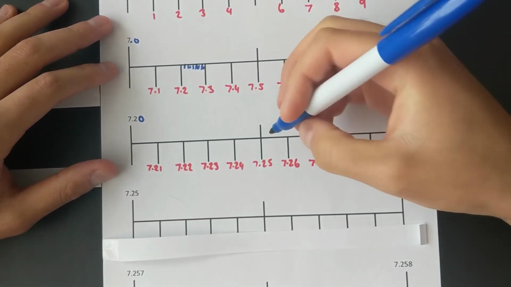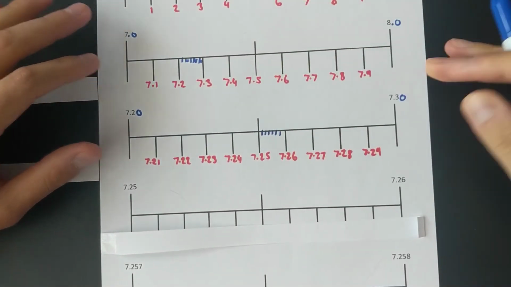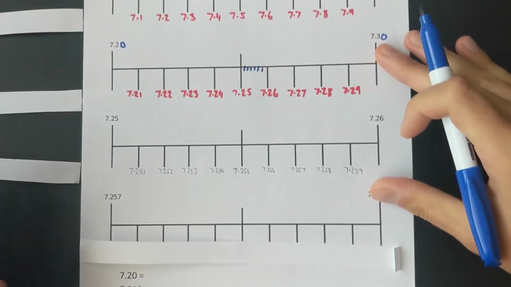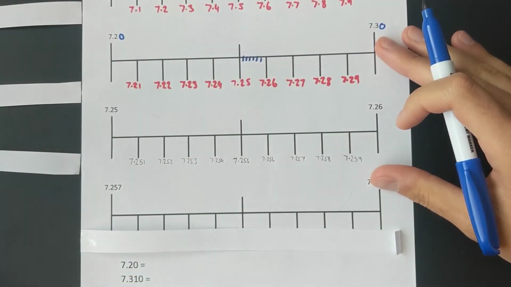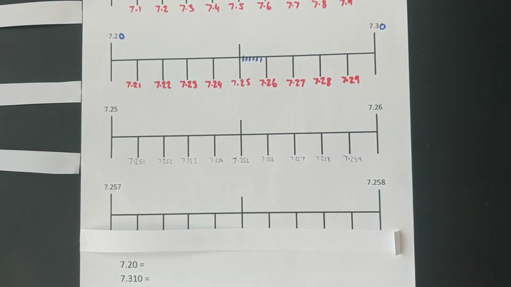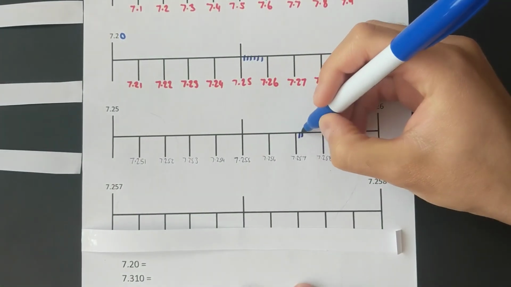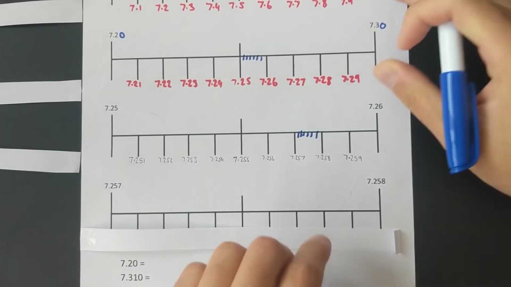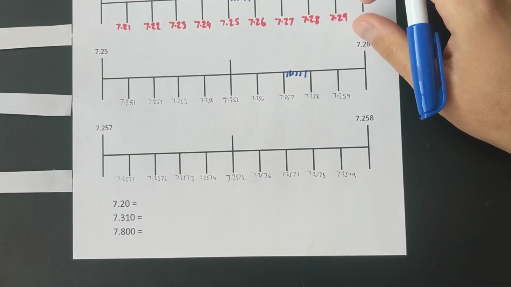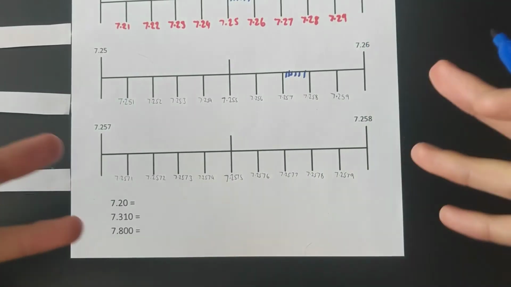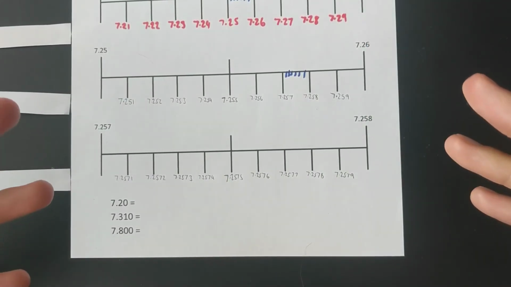What are these numbers between 7.25 and 7.26? 7.251, 7.252, 7.253. Again, I can keep zooming in. You can always zoom in. What are these numbers between 7.257 and 7.258? Again, 7.2571, 7.2572.